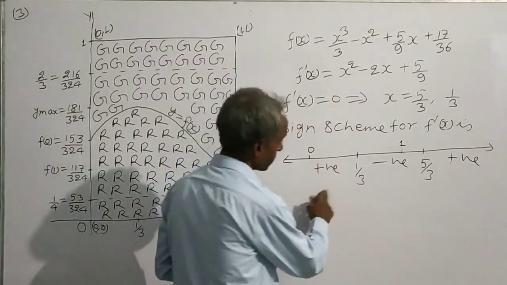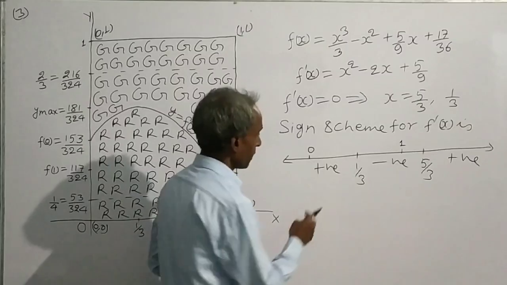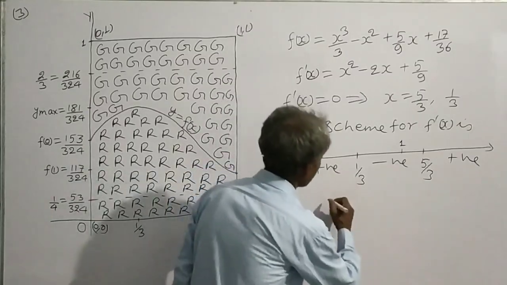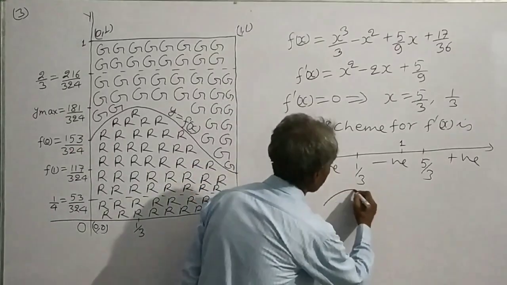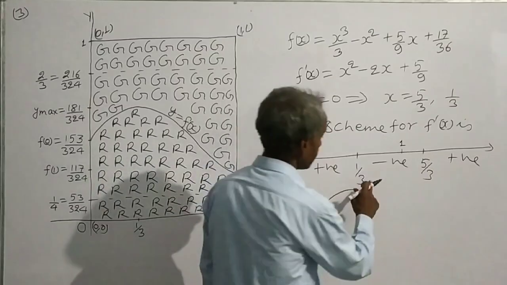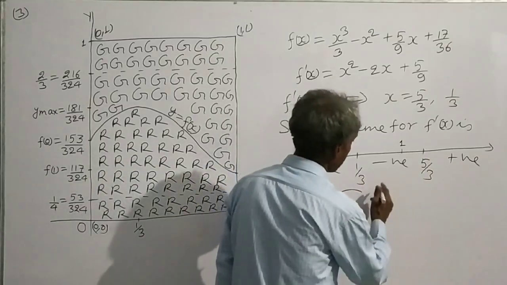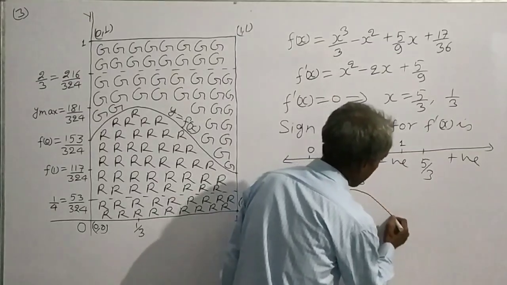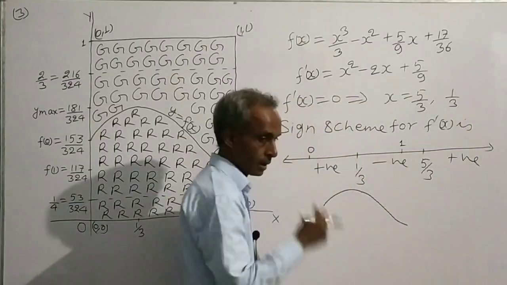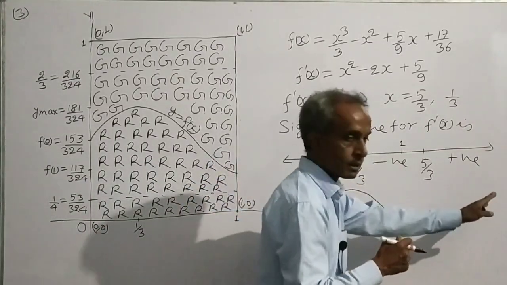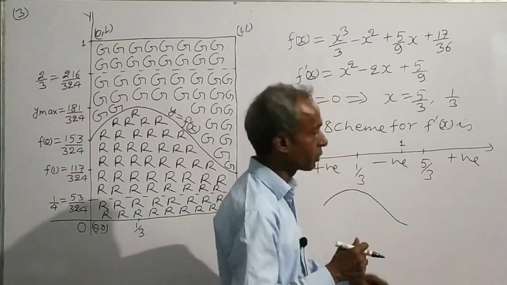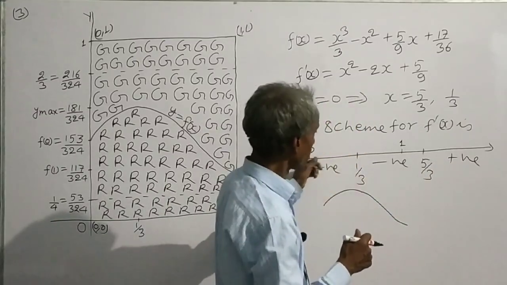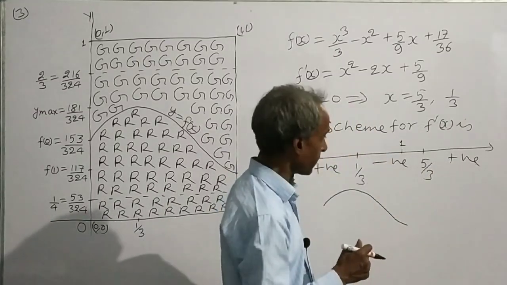Therefore, in the interval (0, 1/3), f'(x) is positive, that means the curve goes up. And in the interval (1/3, 1), f'(x) is negative, that means the curve goes downward. And after 1, there is no curve because the domain is from 0 to 1 only.